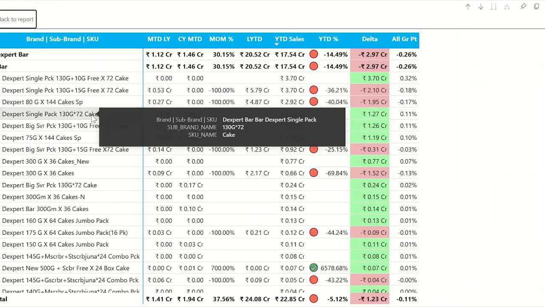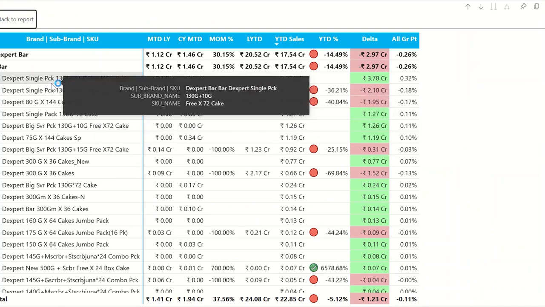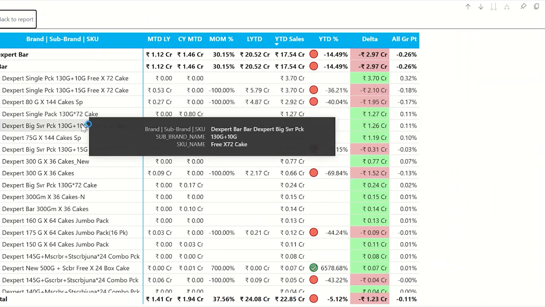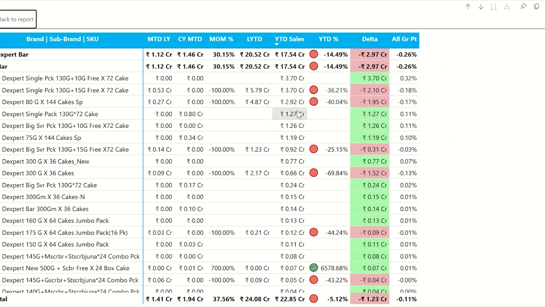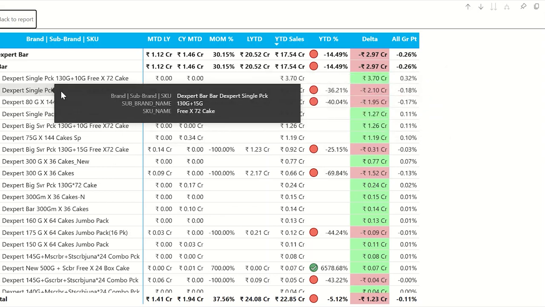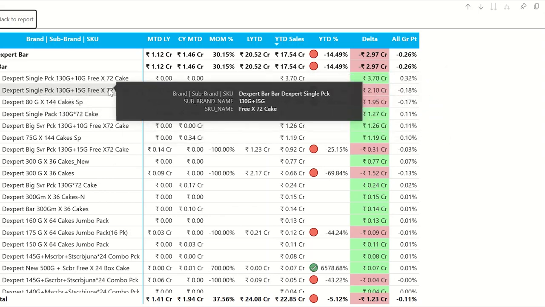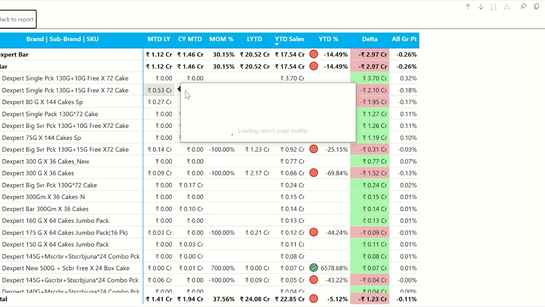So if I see over here, if I do it in focus mode and see D Expert single pack, it is degrowing. No, it is actually growing because there is no sale for last year, right?